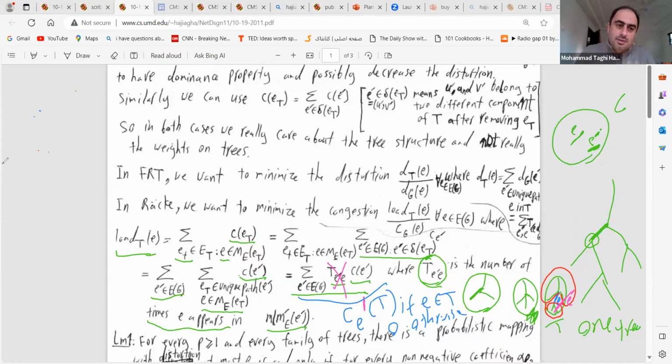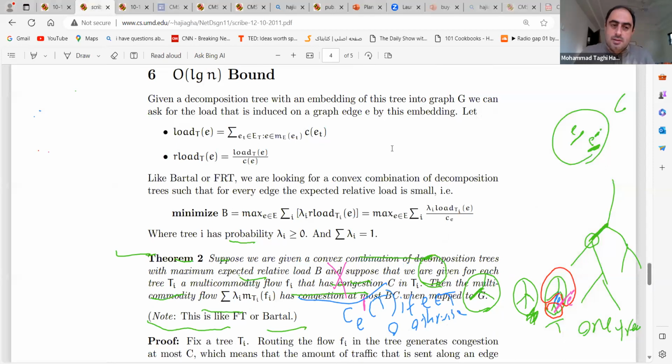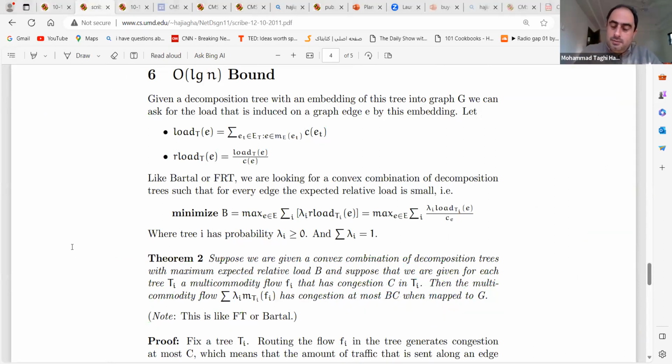Now, let's go to this load thing that we discussed. So what do we have here? We have sigma of i, lambda i, where lambda i is the probability that we are embedding into this tree T i.